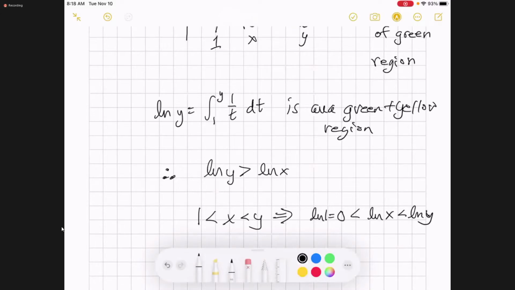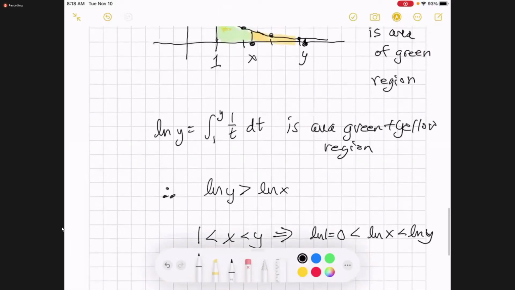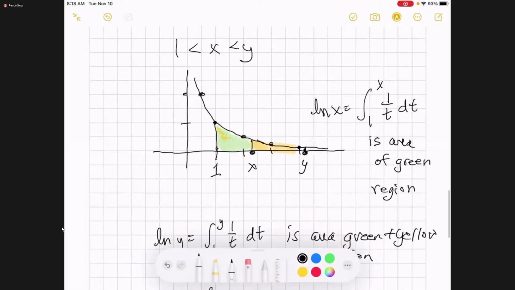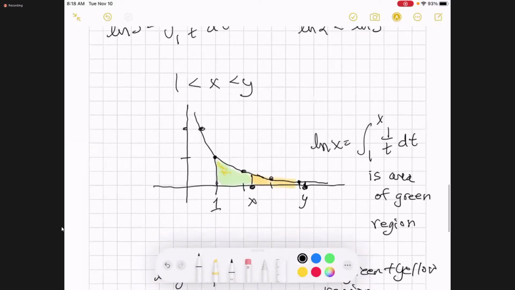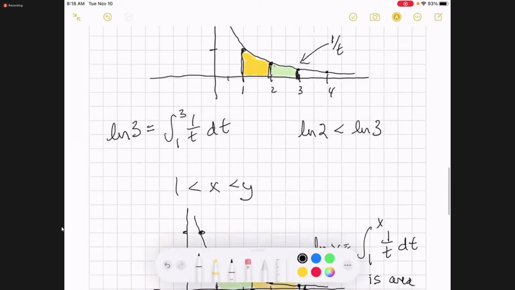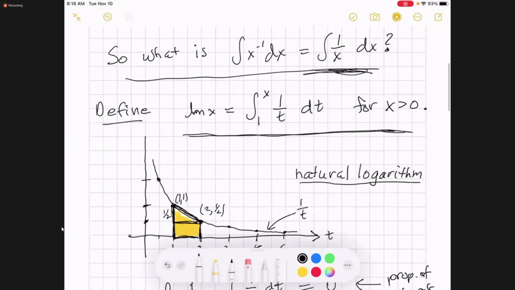Okay, so it looks like this function is increasing. But in my definition, I just said that x had to be greater than 0. Pretty clearly, I cannot let x equal 0, because my function 1 over t is not defined at 0.